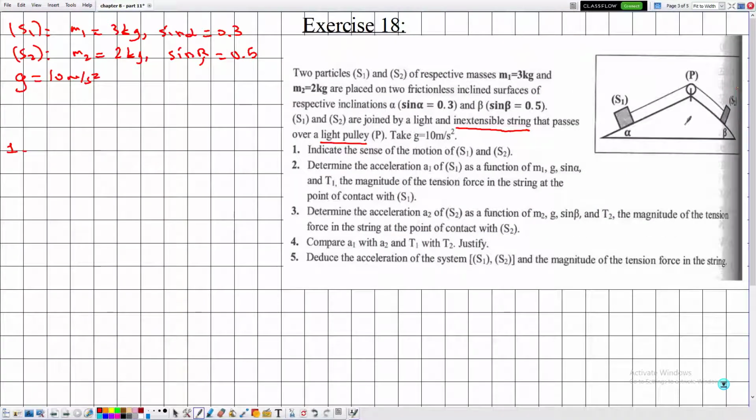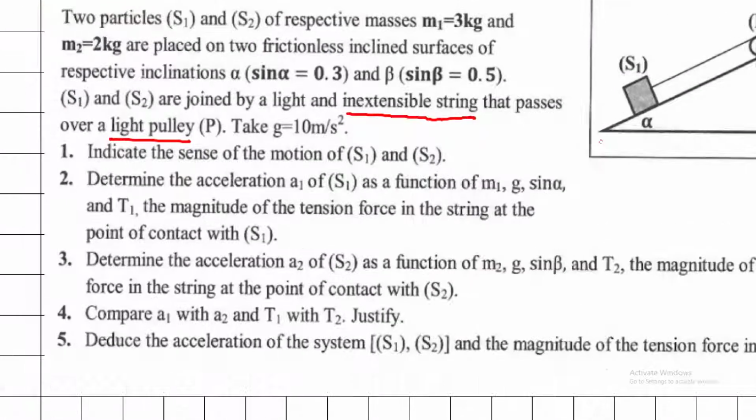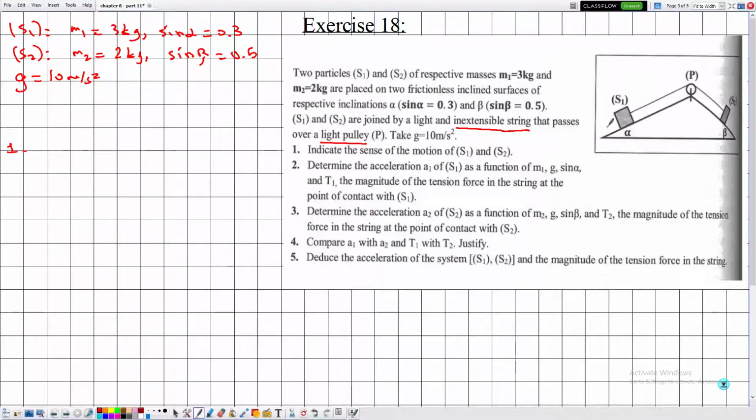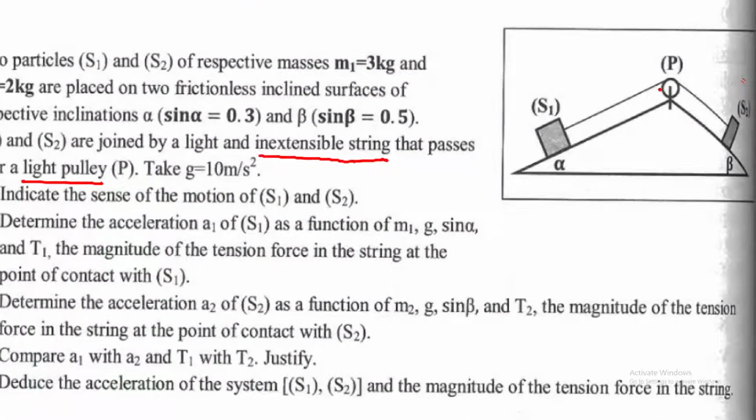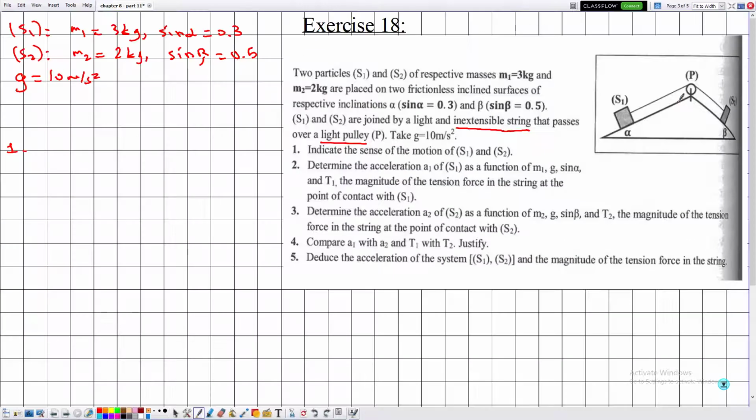Now in number 1, they are telling us to indicate the sense of motion of S1 and S2, and this is the first time that we face a problem of such type. In order to justify this, let me consider the following case.